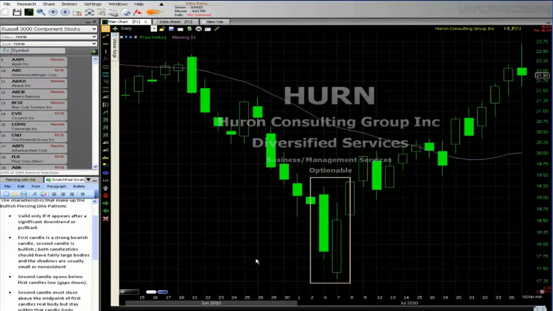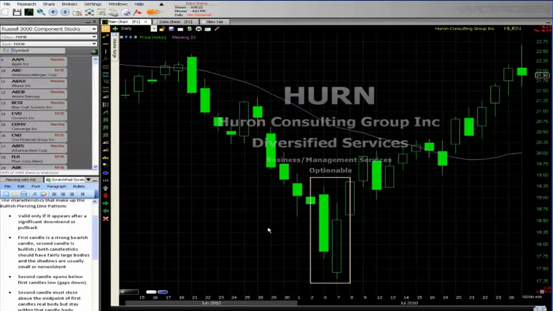Then the second candle, one of the real key characteristics, has to open lower than the low of the previous candle, so it gaps down. You're flushing out all of the sellers. It gaps down and may even be driven down a bit, which is why you've got the wick on the bottom. But then that day, the bulls step in and move it much higher.